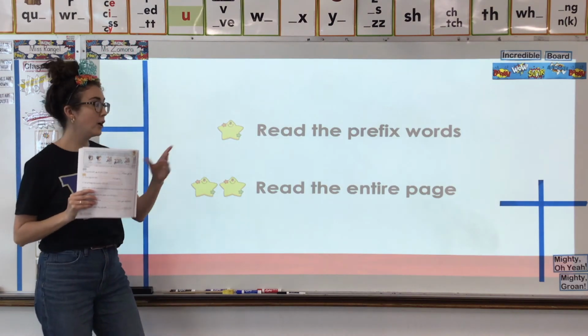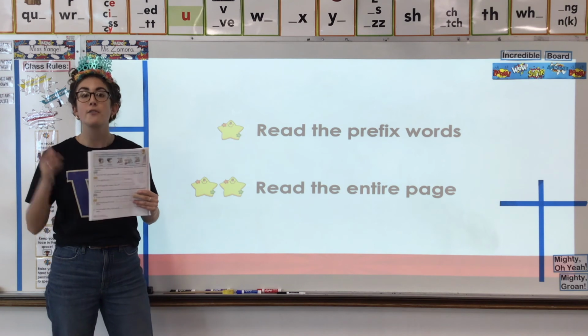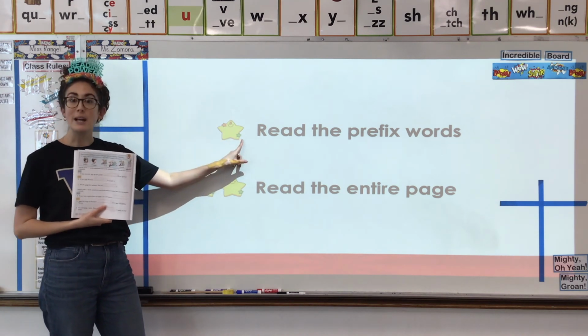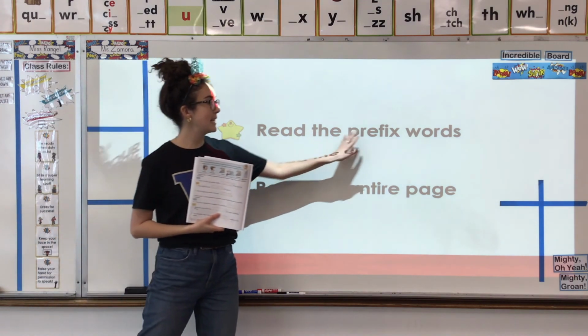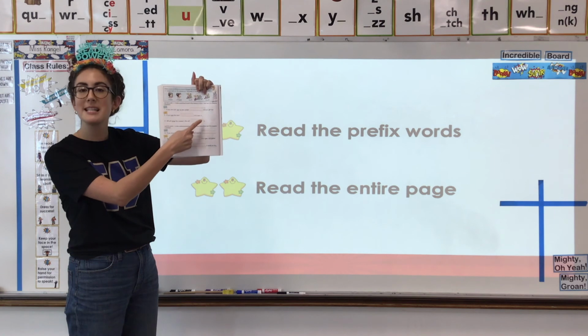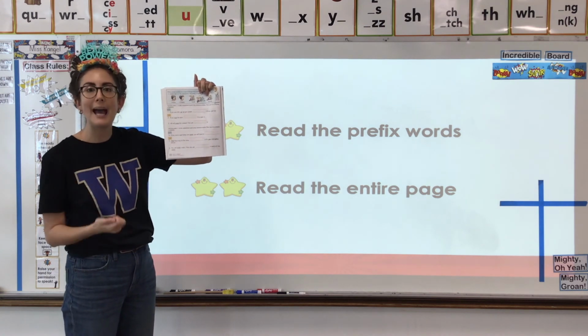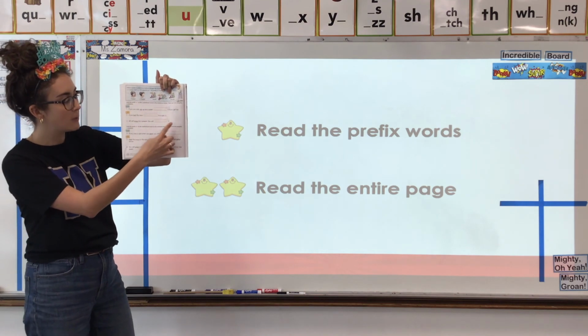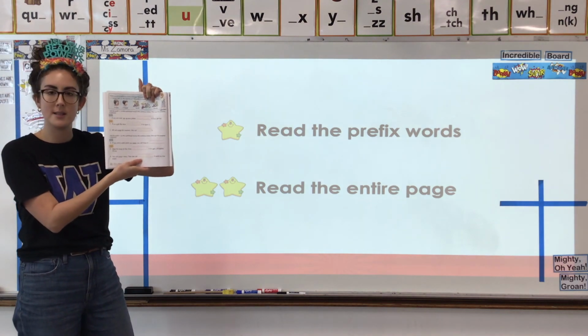So here are your 2-star options for the video you're going to show me on Class Dojo. 1 star, I want you to read the prefix words. That means all the words that you wrote when you added the prefix. So 1 star, just go ahead and read those prefix words.